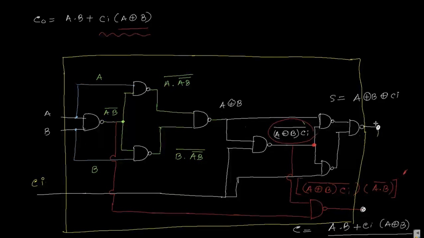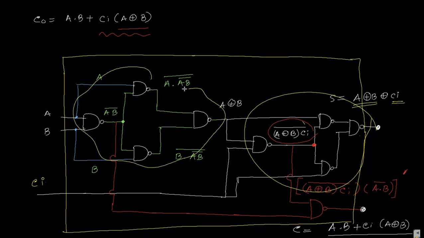That means these four NAND gates are making A XOR B and Ci as XOR, and these four NAND gates are used for making A XOR B. So A XOR B and Ci is the input of these four NAND gates, and we are getting A XOR B XOR Ci.